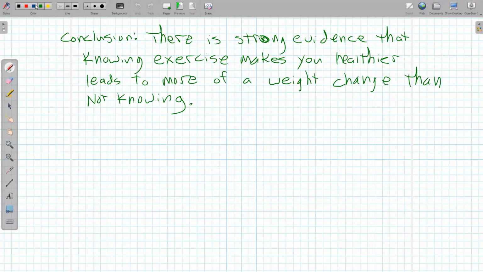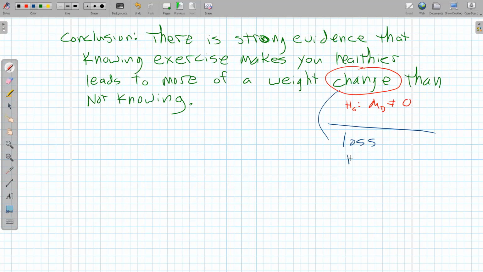And again, I'm using the word change here because my alternative hypothesis was that there was going to be a difference. The difference is not going to be 0. I don't know if it's higher or lower. Had I instead chosen that greater than hypothesis, then instead of the word change, I would have used the word loss, if my alternative hypothesis had been the mean difference is going to be greater than 0.